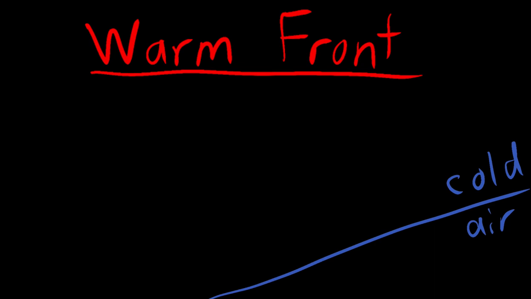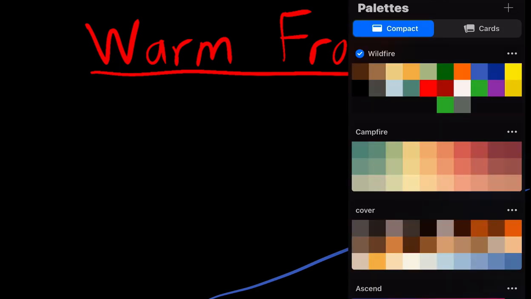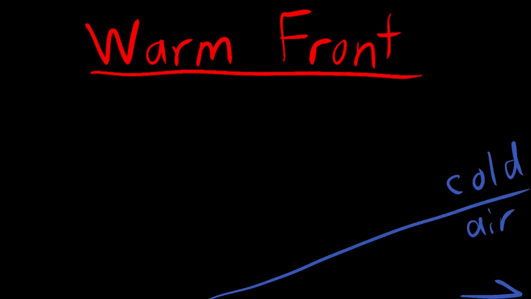So this is our cold air. You can think of this almost like if we were to draw the back end of that cold front we were just looking at. It's moving this direction, so towards, let's say, the east.